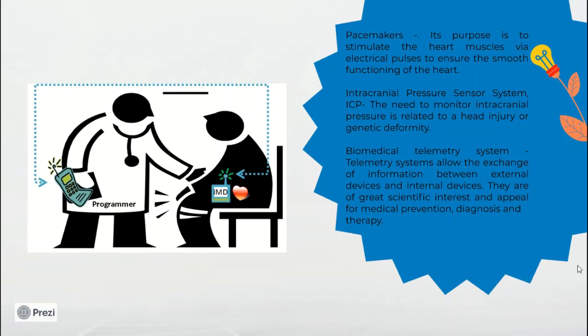Pacemakers. Its purpose is to stimulate the heart muscle via electrical pulses to ensure the smooth functioning of the heart. Intracranial pressure sensor system. The need to monitor intracranial pressure is related to a head injury or genetic deformity.